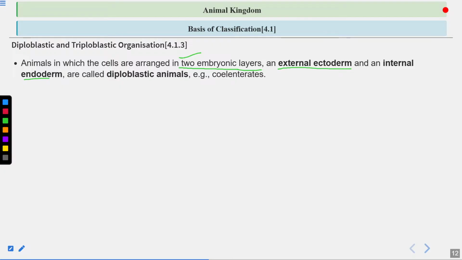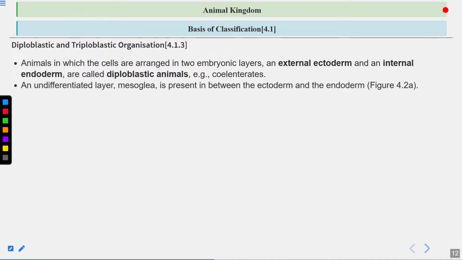Such organization is called diploblastic organization, and such animals are called diploblastic animals. One example is the coelenterates, like hydra.